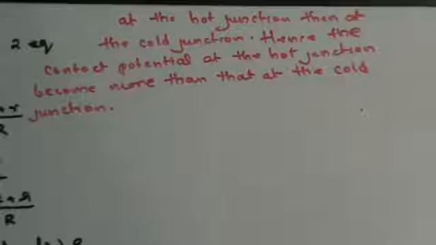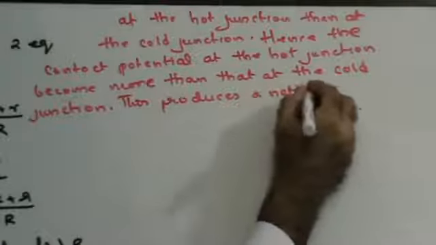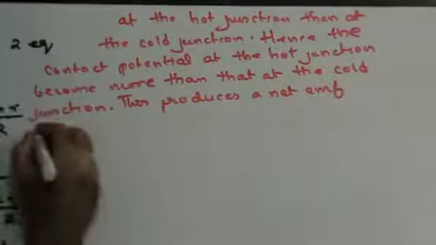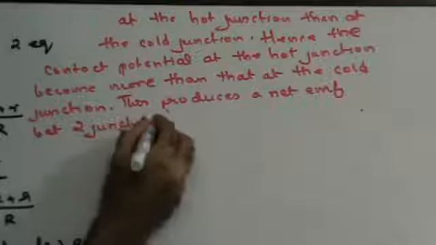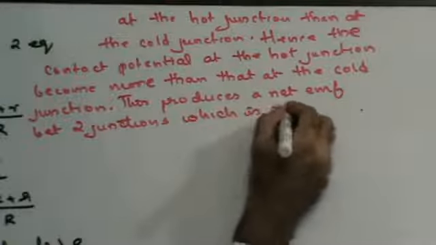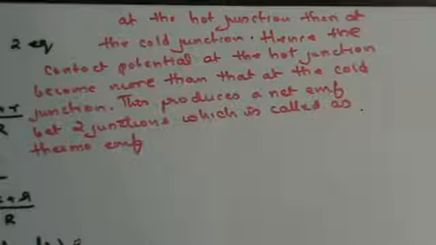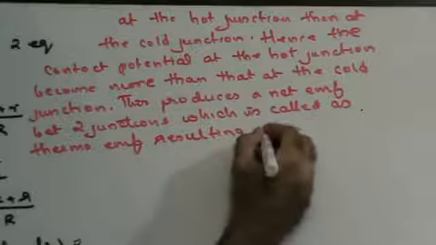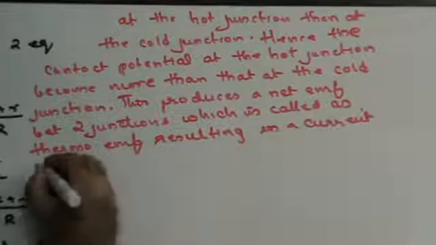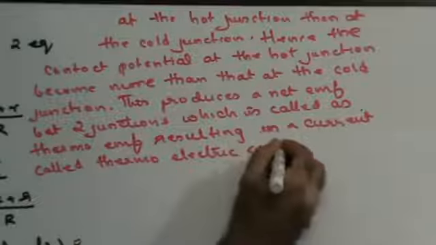Right? If the contact potential changes, this produces a net EMF between the two junctions, which is called the thermo EMF, resulting in a current called the thermoelectric current.